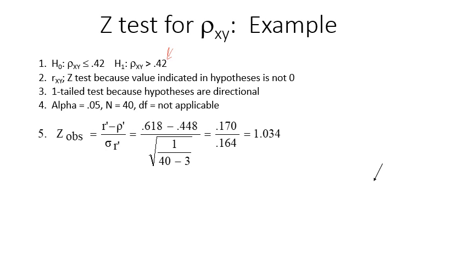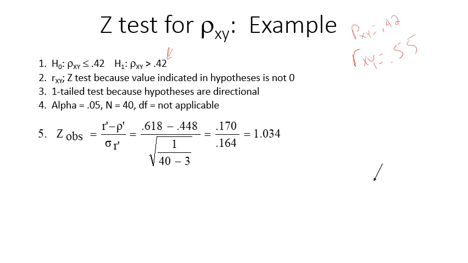For here, we've got our r prime and rho prime. And this is where I should point out, if you remember the r xy equals 0.55 and our rho xy equals 0.42.